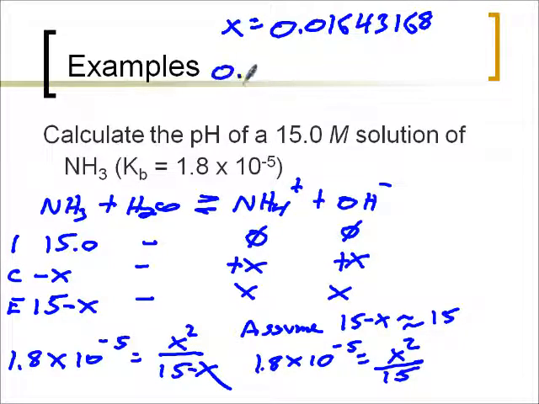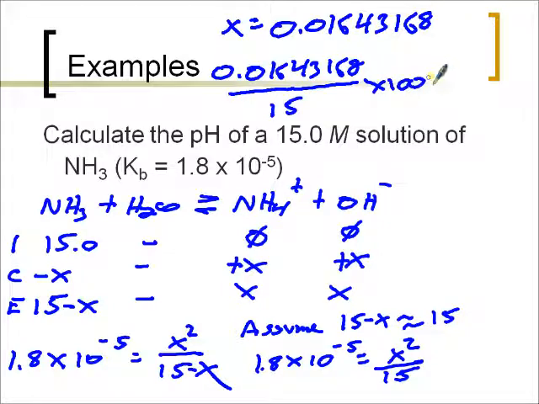So 0.01643168, and we don't have to worry about sig figs yet until the end, divided by my initial amount times 100, and I'm going to get a very, very small number, 0. So it definitely passes the 5% rule. I can make this assumption. I now know what x is.